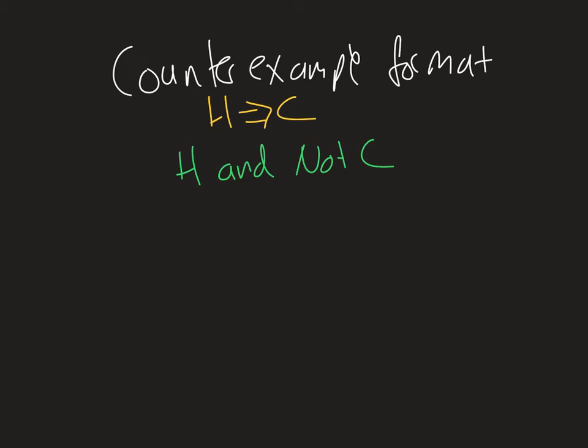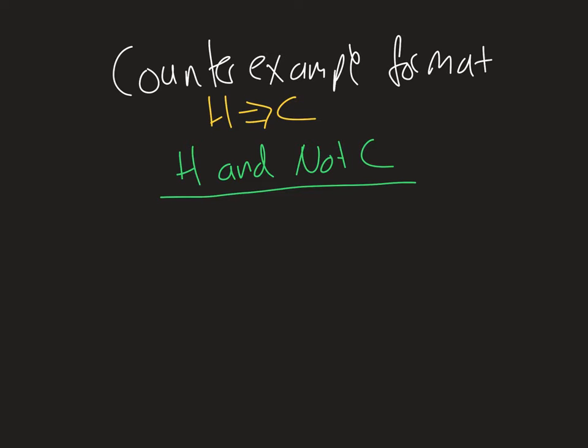I'd have my hypothesis, the right triangle, but I wouldn't get to the conclusion. Now we know that it's true, so we can't find a counterexample for it. But this is our general structure of how to write a counterexample. We meet the hypothesis, and we fail to get the conclusion.